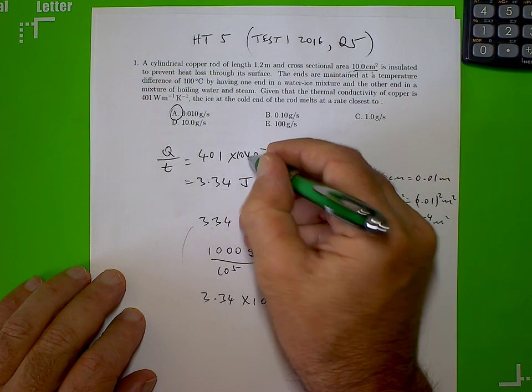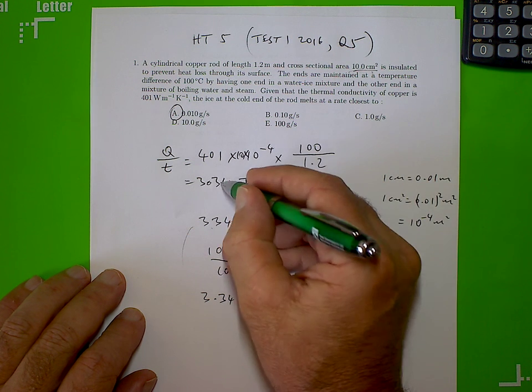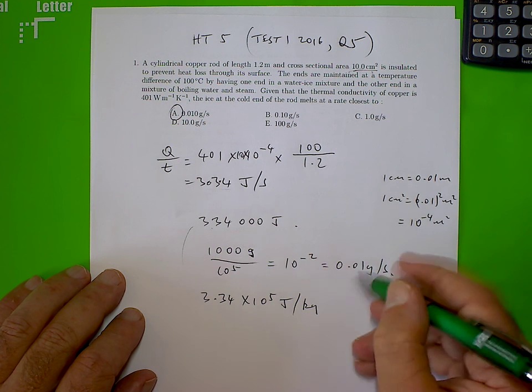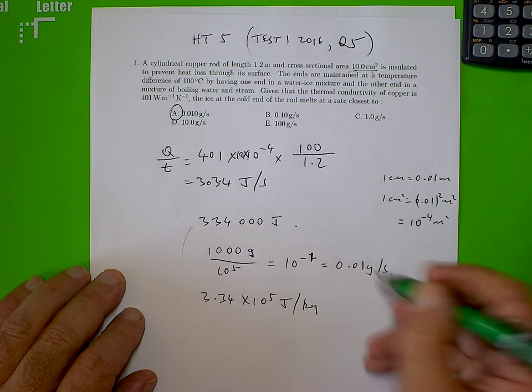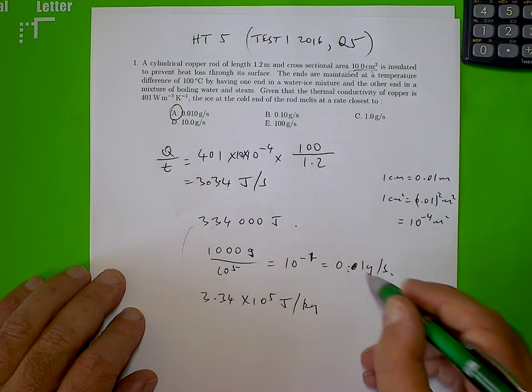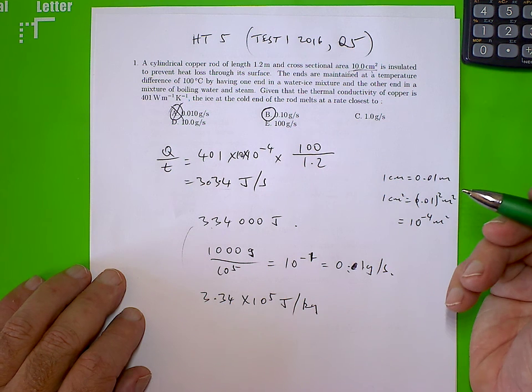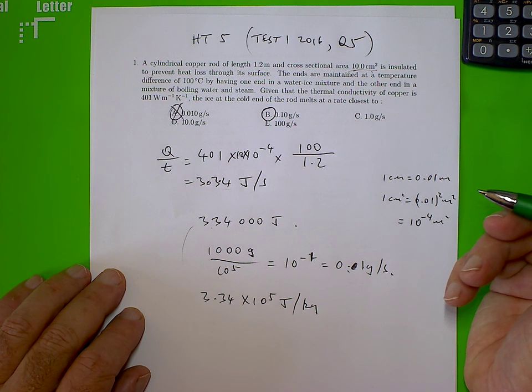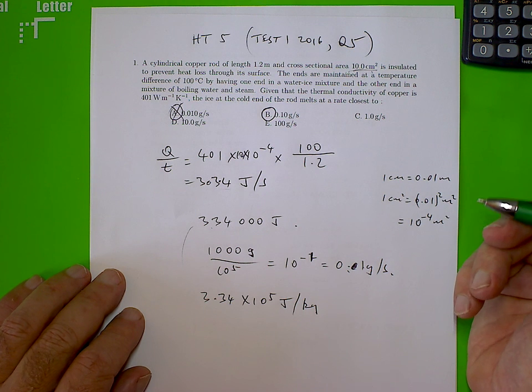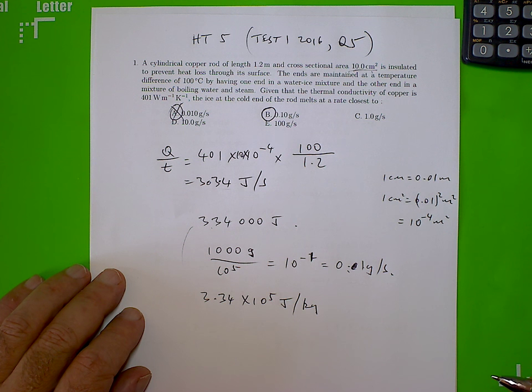So I put the 10 in there, and then I get 33.4, and then I get 10 to the minus 1, and then I get just 0.1 gram, and then I'm happy. Oh dear, just shows you have to read the question carefully. See why I hate questions with numbers in them? They're really annoying. Okay, so the answer is B. The ice melts at the rate of 0.1 gram per second.